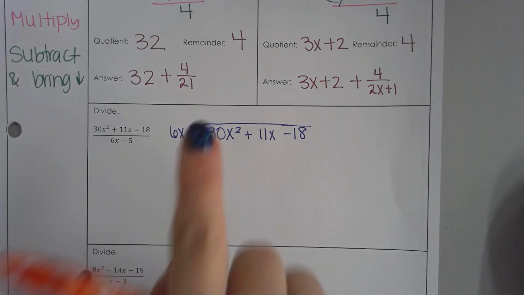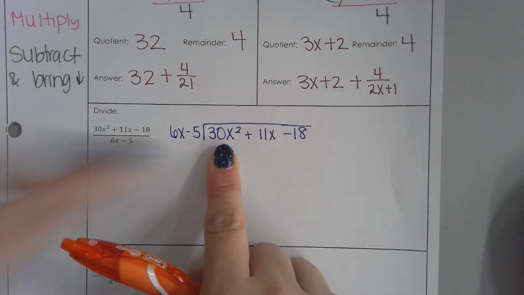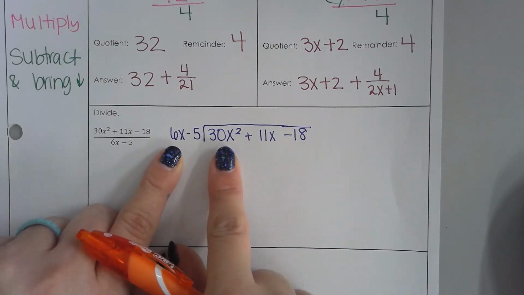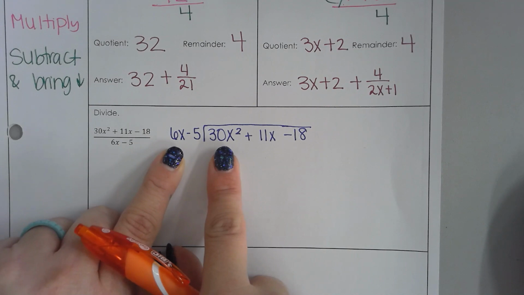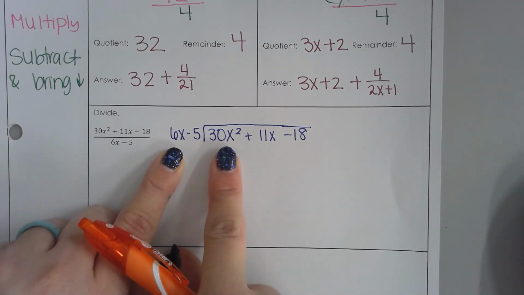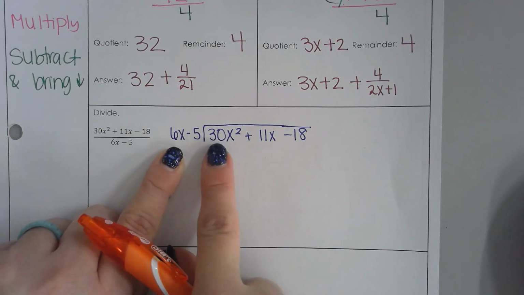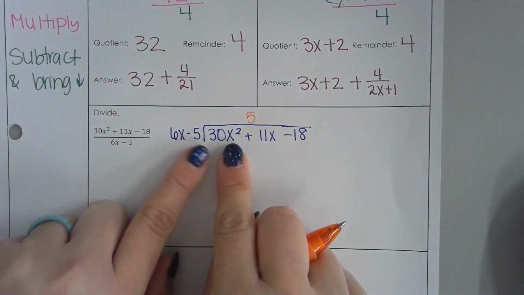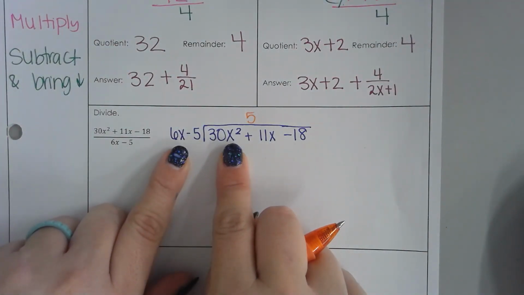First thing we do is take this leading term divided by this leading term. 30x squared divided by 6x is what? 5x. 30 divided by 6 is 5. X squared divided by x is x.